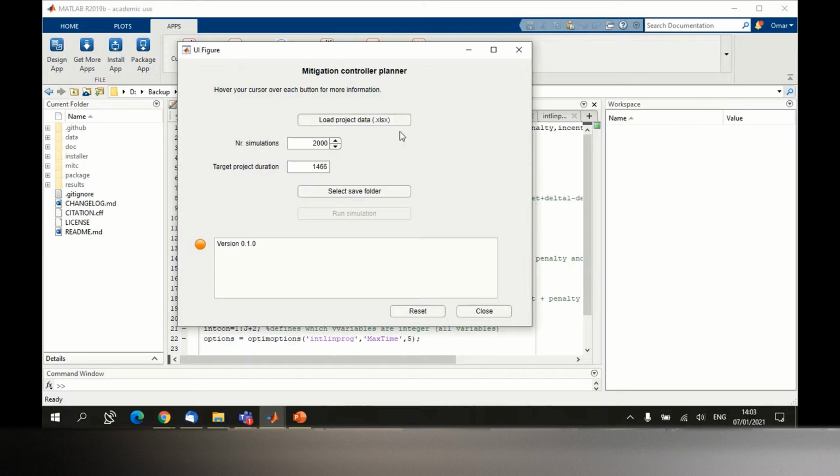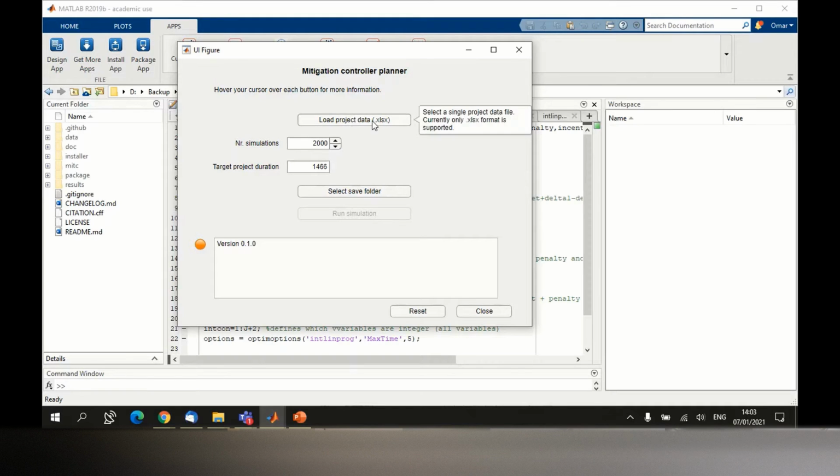If you have any question, just interrupt me and I can explain more, but this is something I already went over last time. And this button is where you want to save your results. We are going to do a demonstration for all of these, and then you would run your simulation.